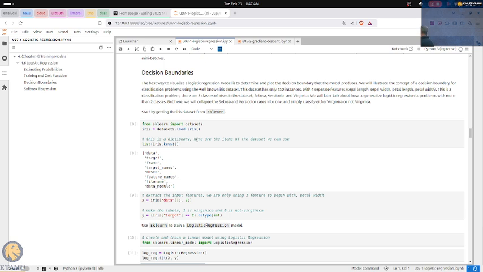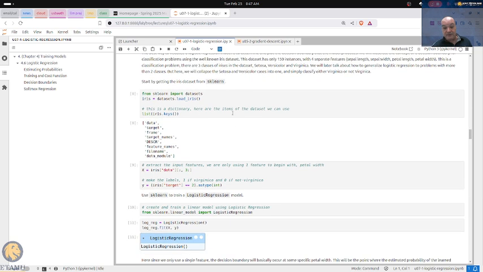I don't remember if we've looked at the iris data set before. Our textbook uses this a lot for examples. So iris is a classification problem. It's got 4 features.